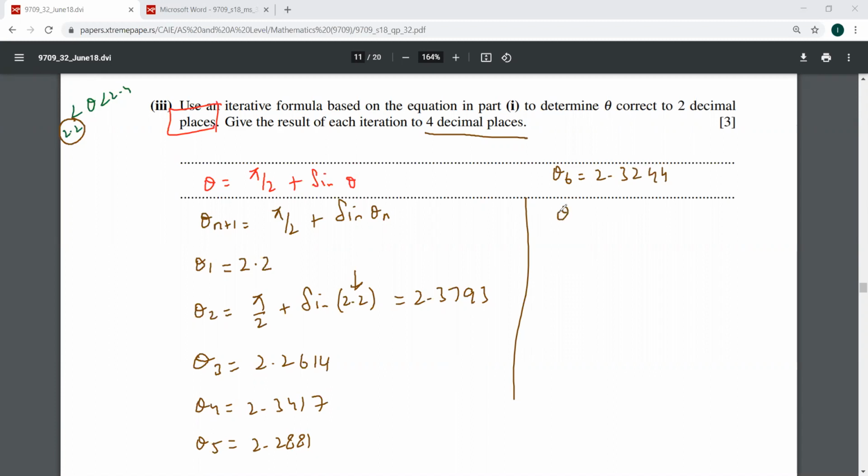Theta 7, theta 8, 2.3165. Theta 9, theta 10, 2.3129. Theta 11.